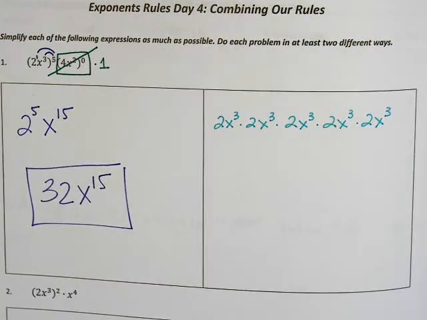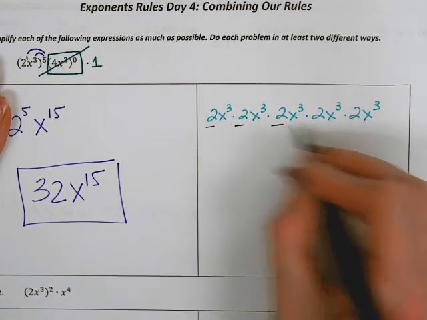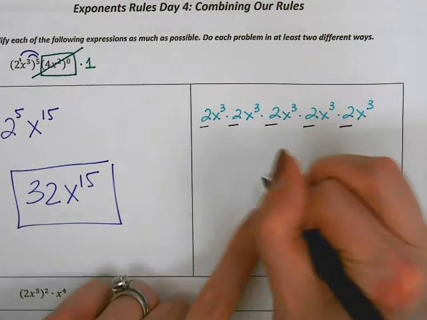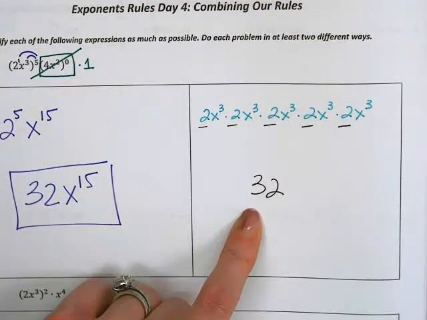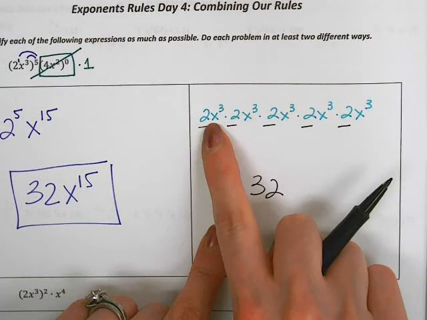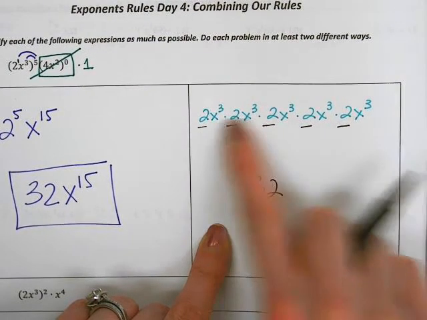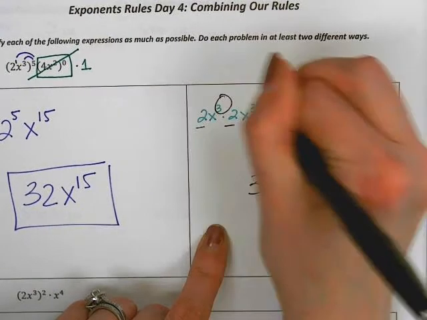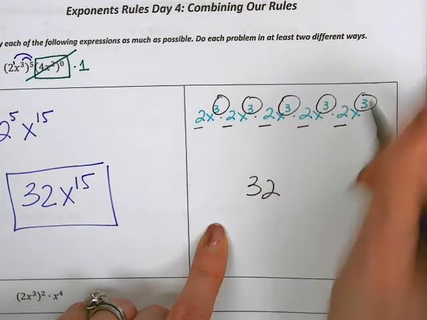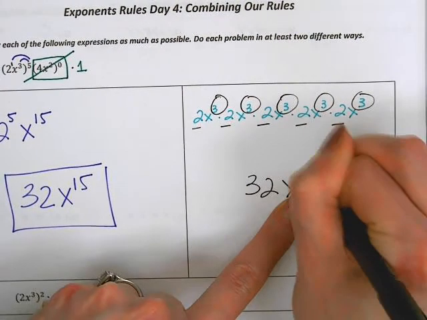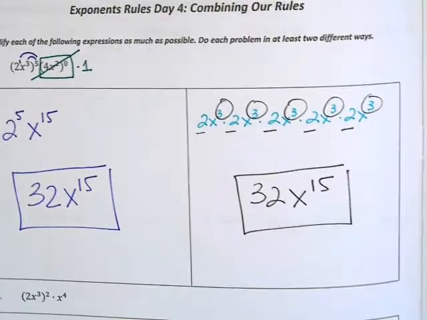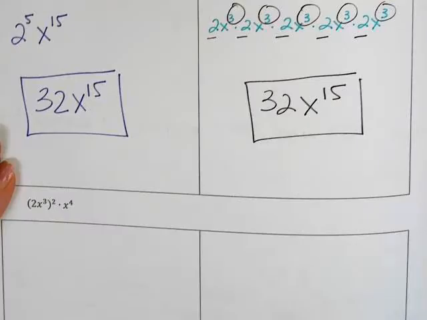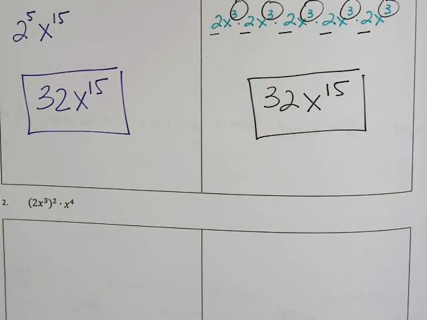Well, let's see what that is. 2 times 2 times 2 times 2 times 2 definitely gets you 32. And then remember the rule, when you're multiplying same bases, you add. 3 plus 3 plus 3 plus 3 plus 3 is x to the 15th. All right, so there's 2 ways to do that first problem. Both are totally acceptable.